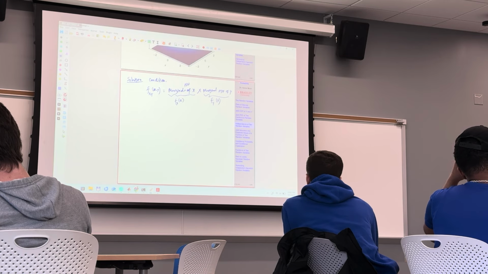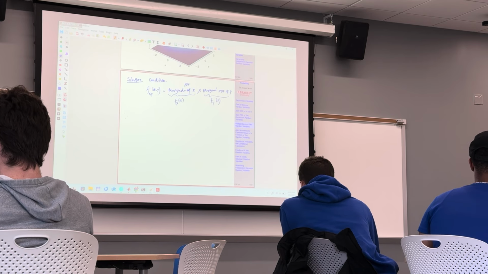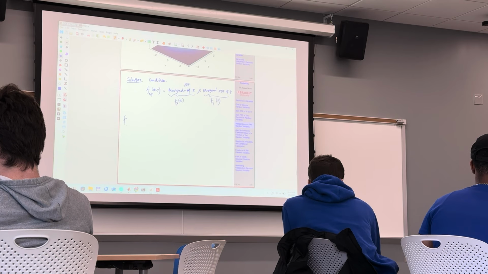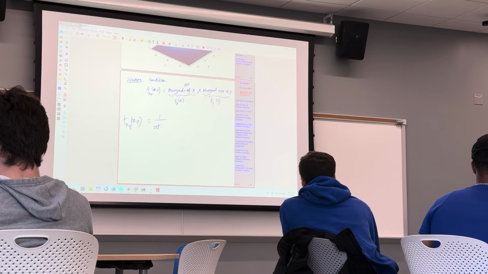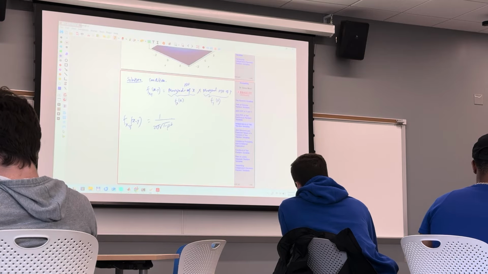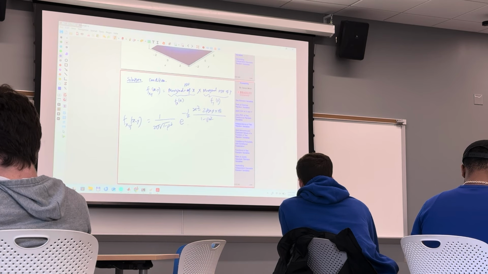Okay. So now I am going to write down f sub x comma y taking value x y equals 1 over 2 pi square root over 1 minus rho squared e to the negative half x squared minus 2 rho xy plus y squared over 1 minus rho squared.